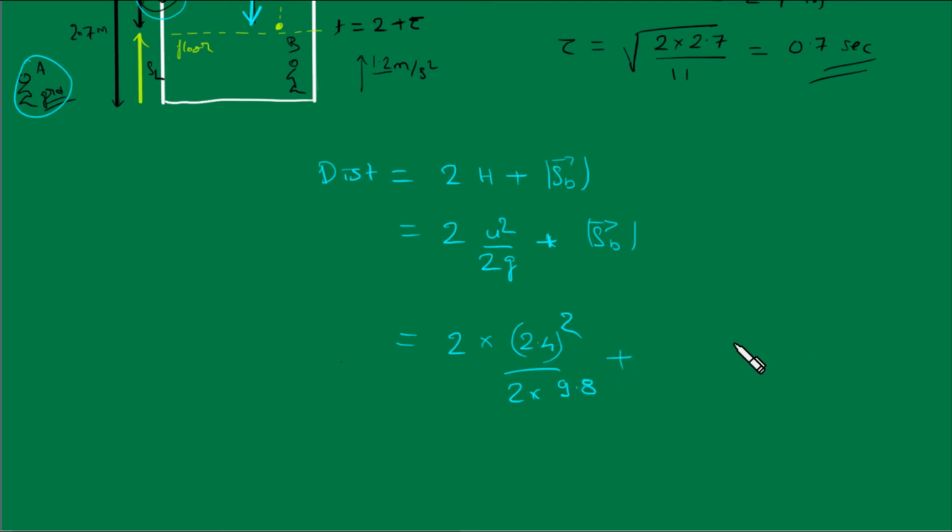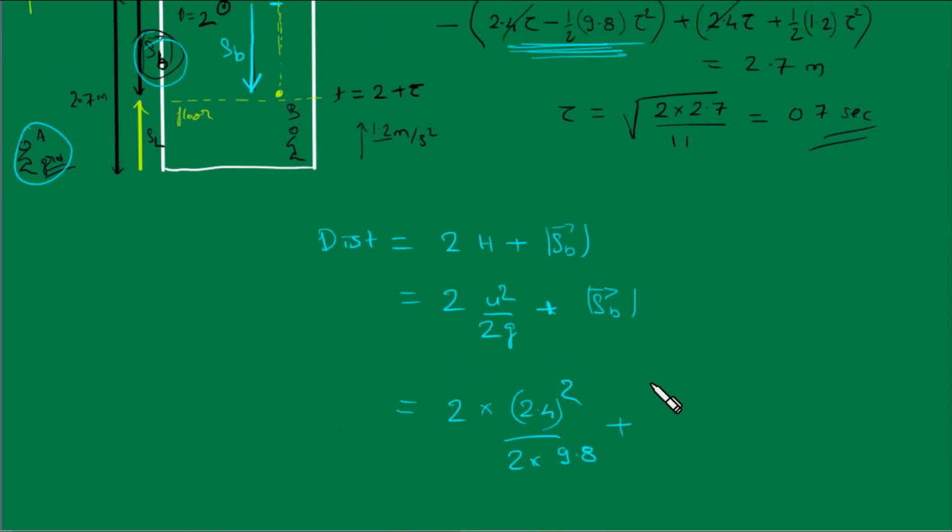Now plus for displacement, let me solve the above equation, ut plus half at square. So magnitude will be mod of 2.4 into tau, tau is 0.7, minus half into 9.8 into 0.7 square, in modulus. So I have to solve this equation. Let me just solve it now. So we will get 2.4 square divided by 9.8.